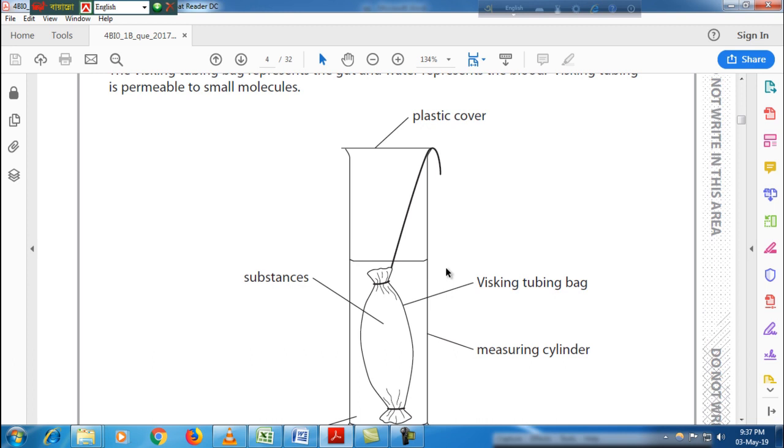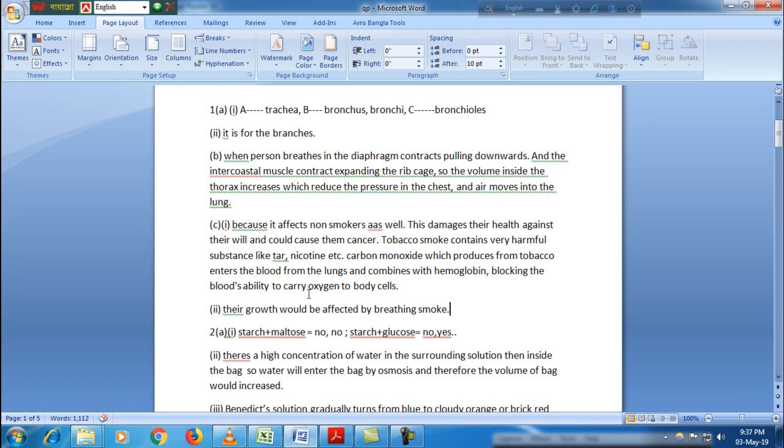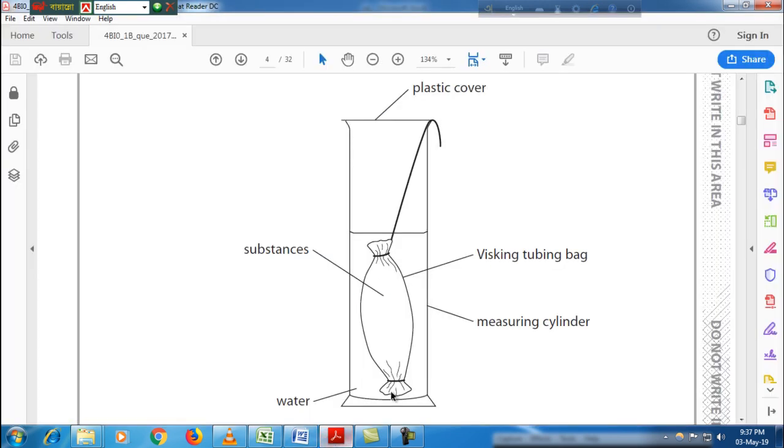So the tubing is a bag, and in the bag there are some substances, and surrounding the Visking tubing is water. Now the concentration of water is more inside the bag, definitely, and it is covered with a plastic cover.